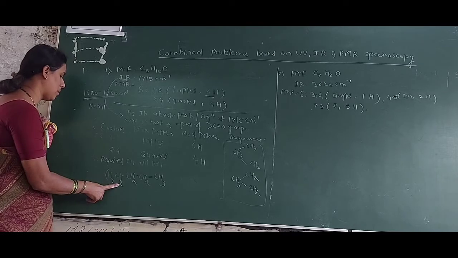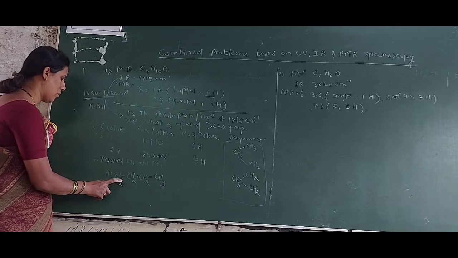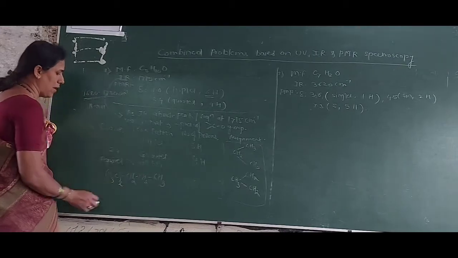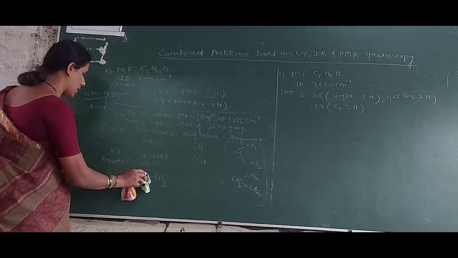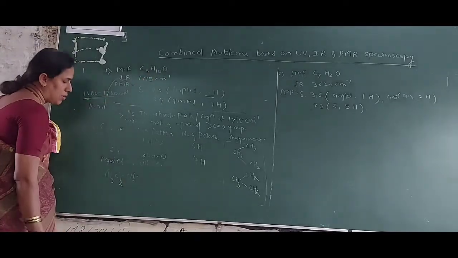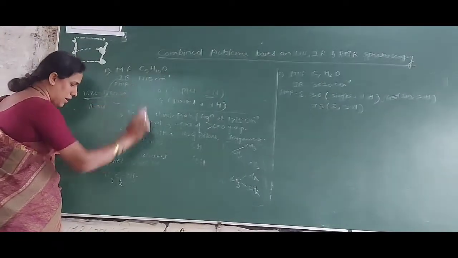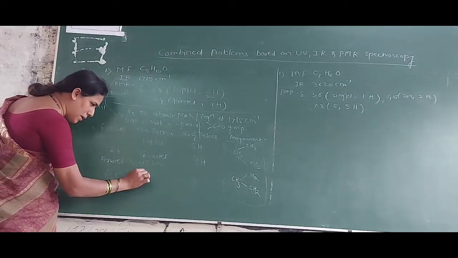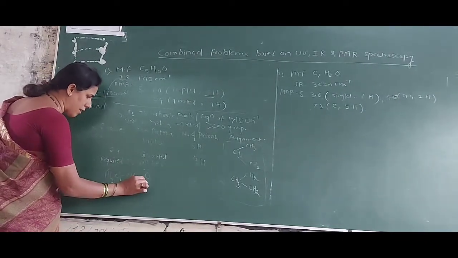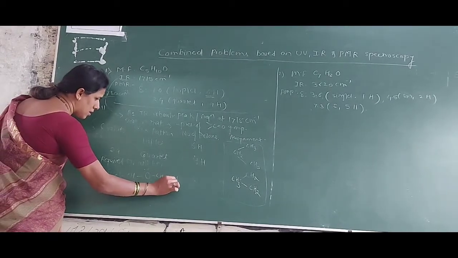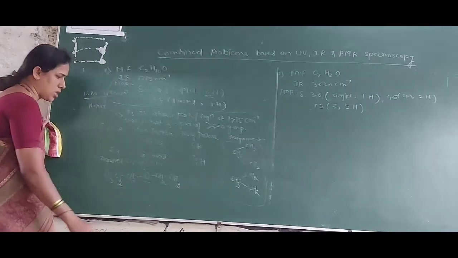How many carbon atoms are there? 2 plus 3, 4, and here 5. This is not a correct structure because we cannot introduce the oxygen atom here. Therefore, we introduce the oxygen in between as a divalent one, and here we have to suggest the structure as CH2, CH3.